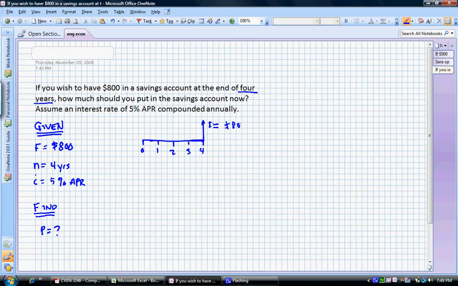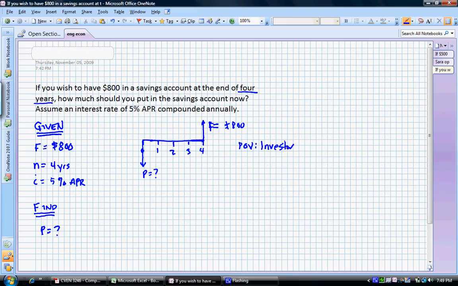A little messy there. Okay, and we want to know right now how much do we need to invest, P, to get that $800. Let's clean this up a little bit. And remember, the point of view is going to be the investor in this problem.